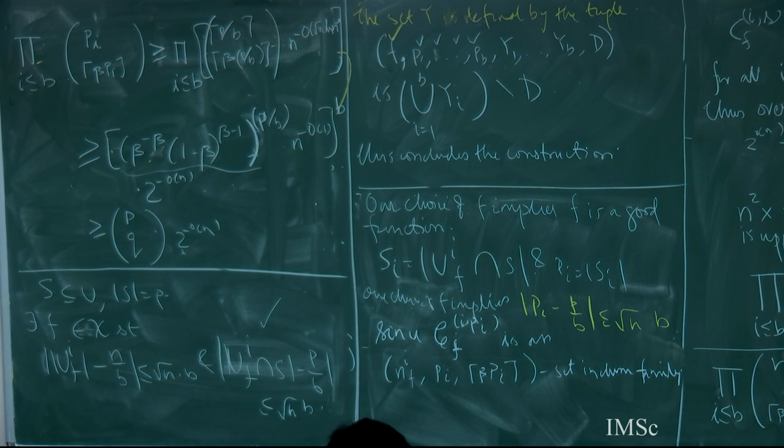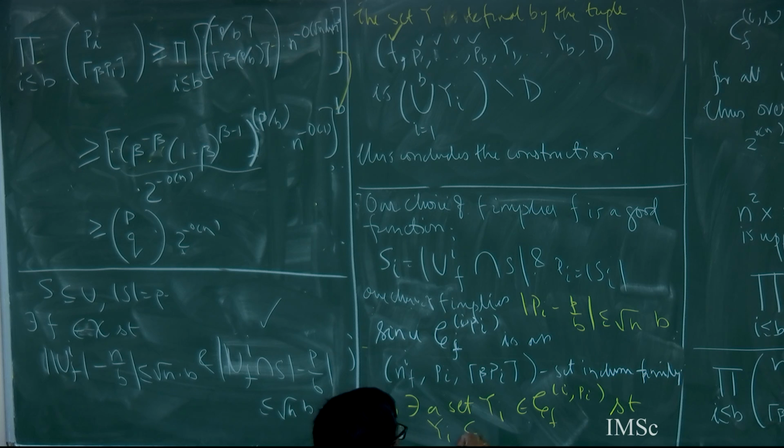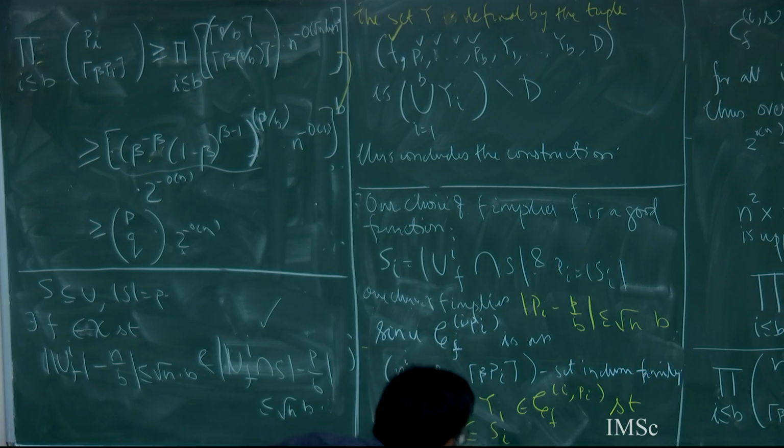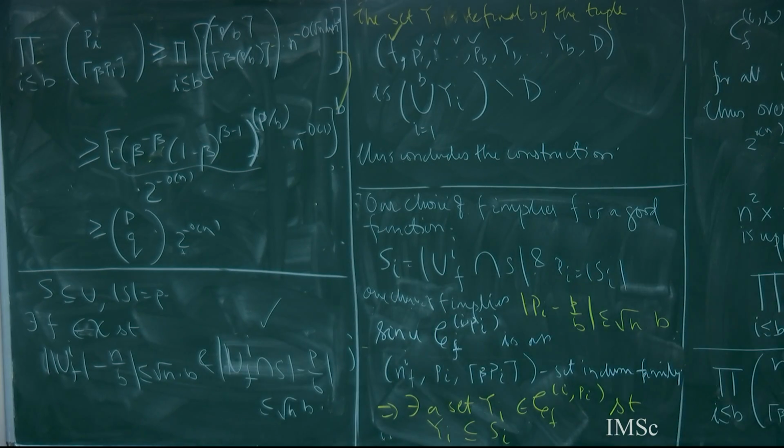What does it imply? This implies there exists a set yi in C f I comma Pi such that yi is a subset of Si. Agreed?